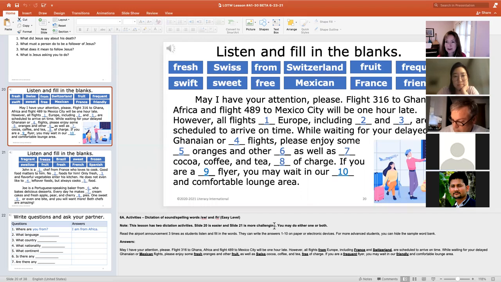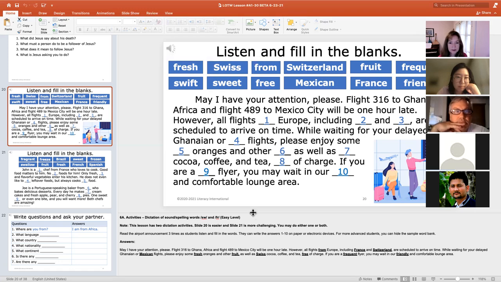So take out a piece of notebook paper, write the numbers 1 through 10, listen as I read this, and write in the correct missing words. Now we do have the option to use the dictation. So if you don't want to read it yourself, you can click on the little sound icon and the narrator will read it for you.